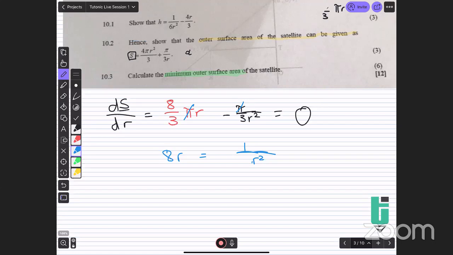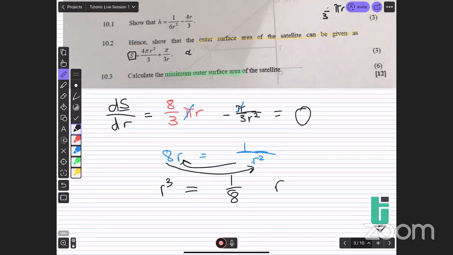Do we make r to the power a negative exponent again? Can't you cross multiply, and then you take the 8 over and you cube it. So it's r cubed equals 1/8. You multiply, and then you divide by the 8.